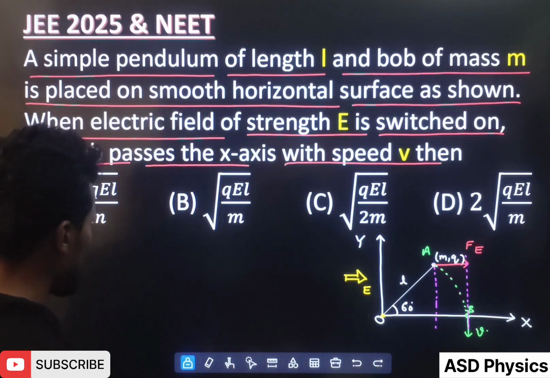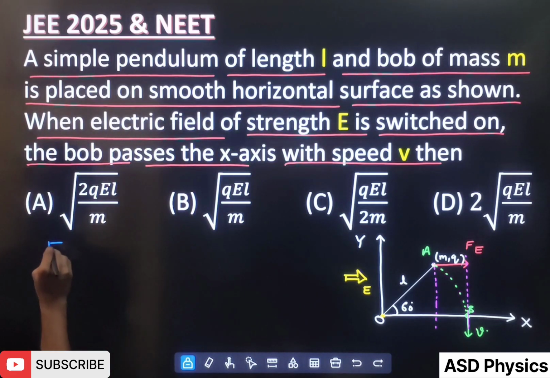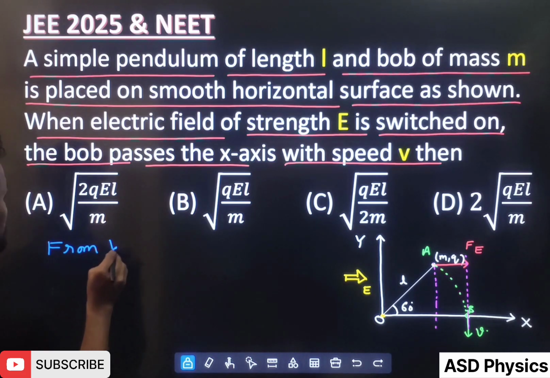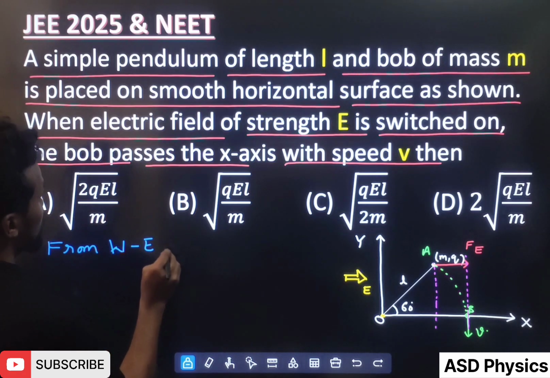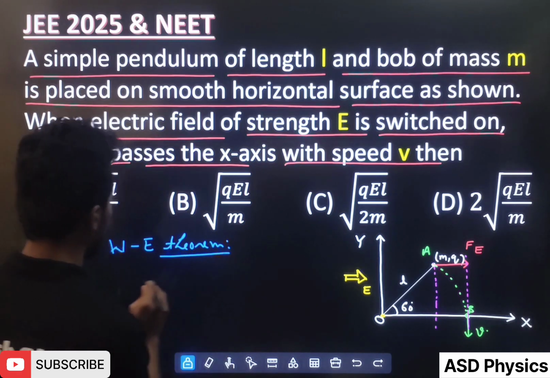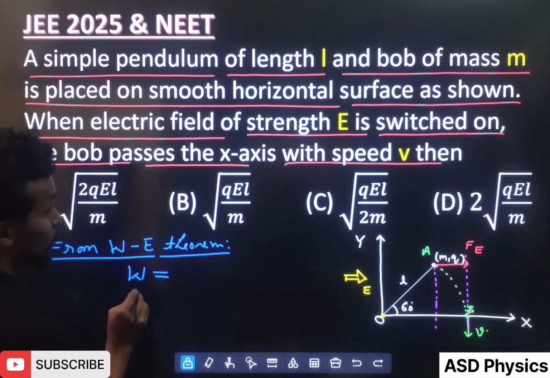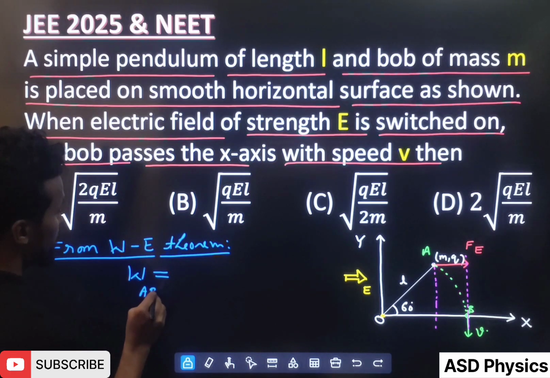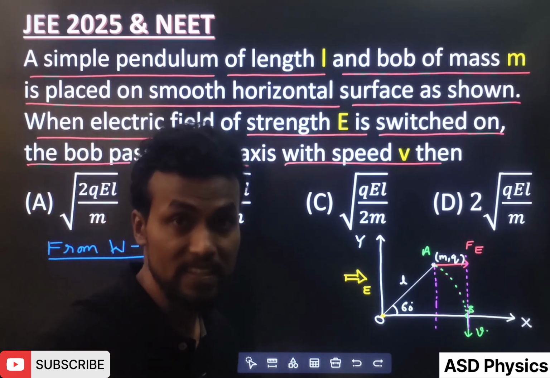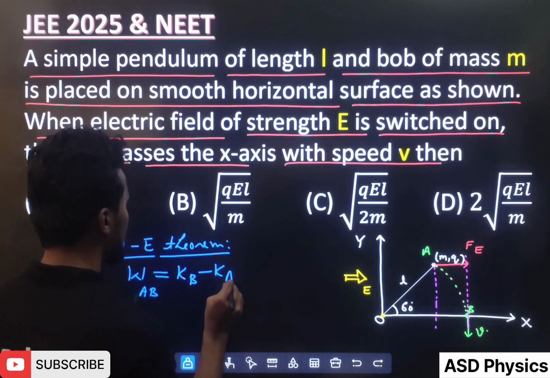But here, in a very easy way, we are going to apply the work energy theorem between point A and B. According to the work energy theorem, work done from A to B is equal to the change in kinetic energy, final minus initial, that means KB minus KA.